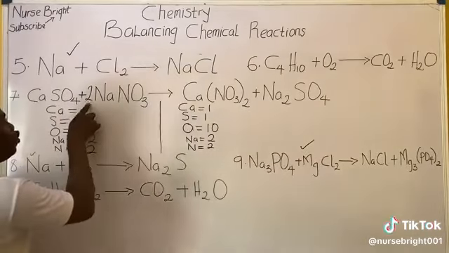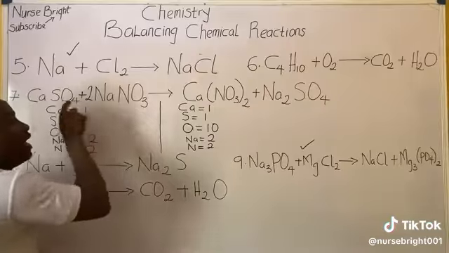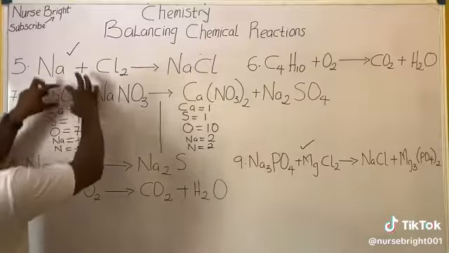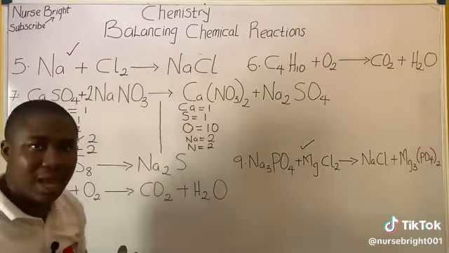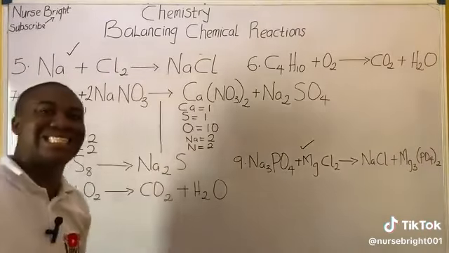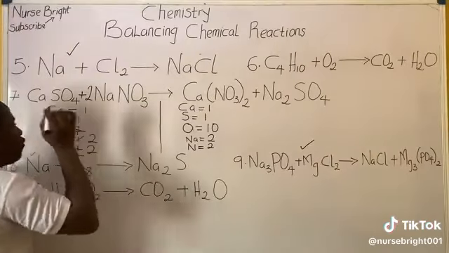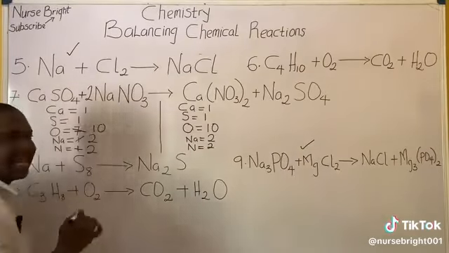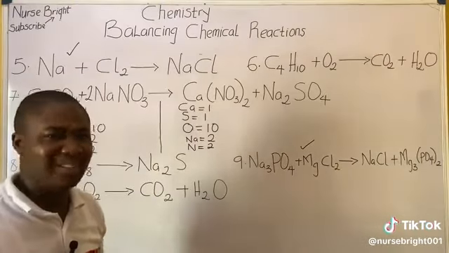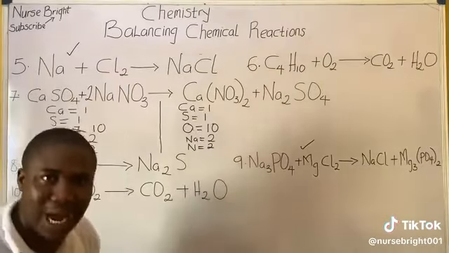So here now we're having 2 times 3, which is 6 oxygen here. All right, here we're having 4 oxygen. So 6 plus 4, what is that? 10 oxygen. So this 7, we are going to scrap it out to make it 10. Wow. Oxygen on the right is still 10. So you can see how this reaction was actually balanced without stress.